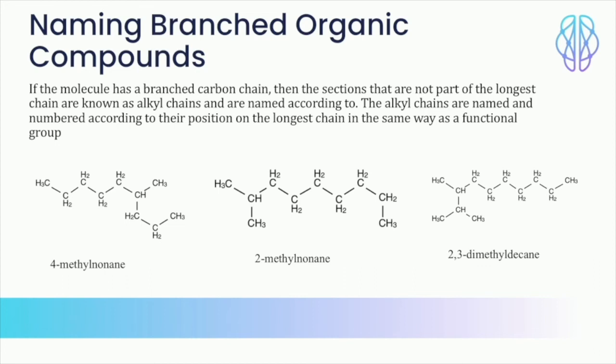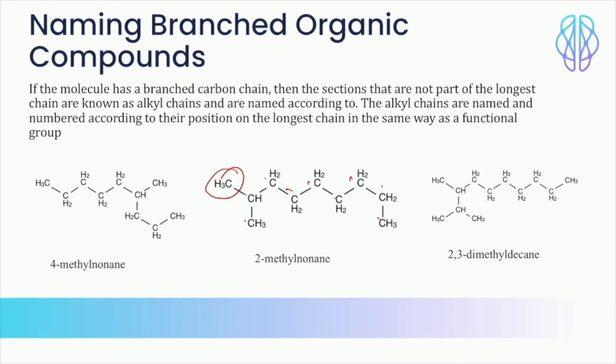So I'm going to go this way first. 1, 2, 3, 4, 5, 6, 7, 8, 9 carbons. The methyl group is on the second carbon. If I go the other way, 1, 2, 3, 4, 5, 6, 7, 8, 9, the methyl group is also on the second carbon. So it doesn't really matter. Either way, it's going to give me the same compound.